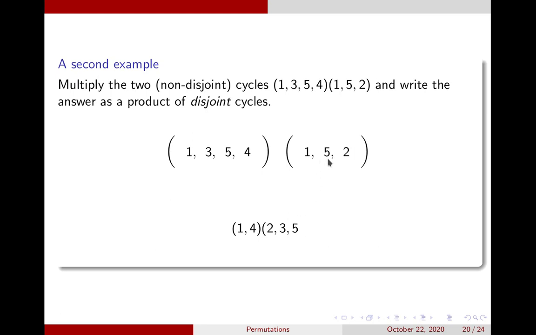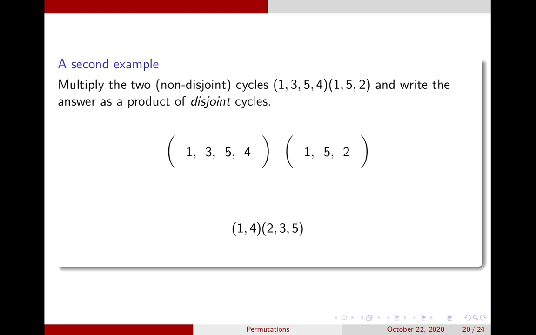And now the leftmost cycle in the original product sends 5 to 2. The rightmost cycle sends 2 to 2. The net effect is that 5 is sent to 2, which is the first number in the cycle that we're working on, so that finishes the cycle.